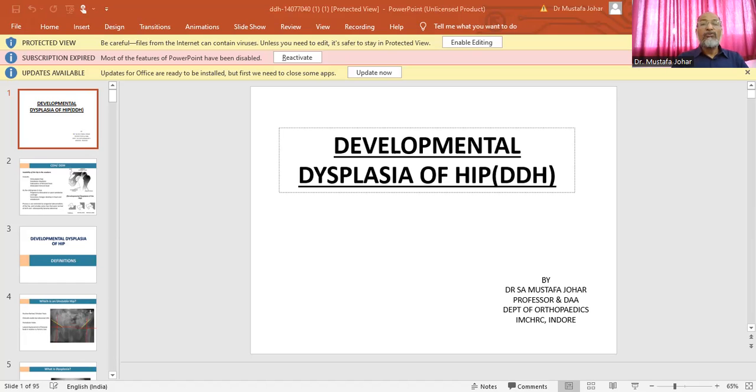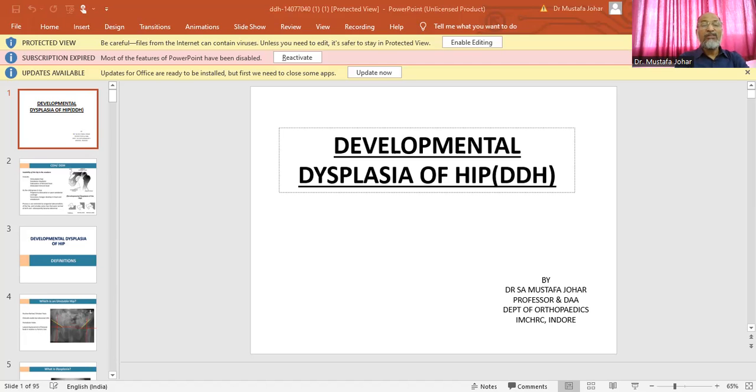Then we go on to another sign, the Galeazzi's sign, also known as the Allis sign. In this, the infant is lying supine, and you keep the hips flexed at 90 degrees and flex the knees fully, with both the knees and the feet touching the ground. You find that the level of the knee from the ground is different on the two sides if there is a dislocation or dysplasia of the hip.